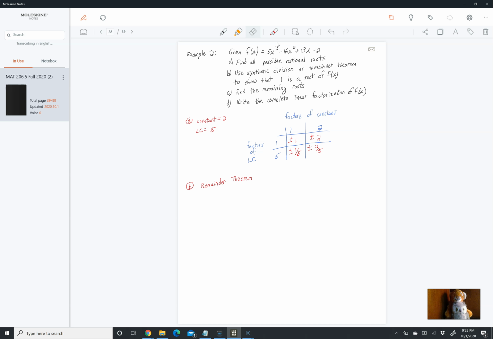So the remainder theorem says, okay, well, if we plug in the root and we get 0, then the remainder is 0, and factor theorem says, okay, that means that x minus 1 is a factor. Okay, because we're talking about factors versus roots. So we could just plug in f of 1, and our goal is to get 0. If you get 0, it's a root. If you don't get 0, it's not.